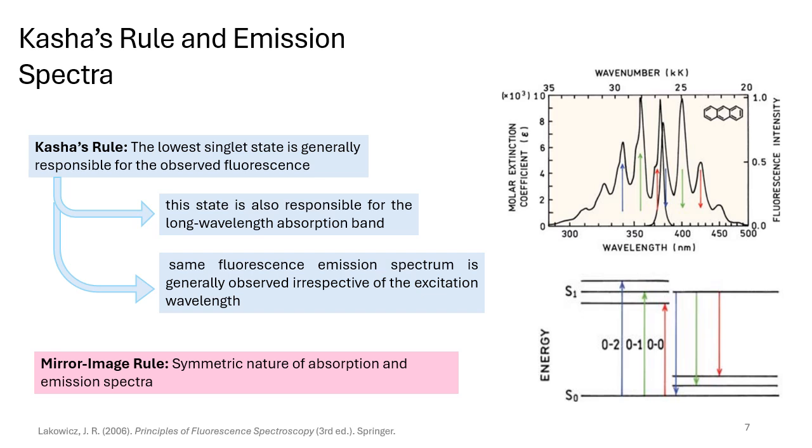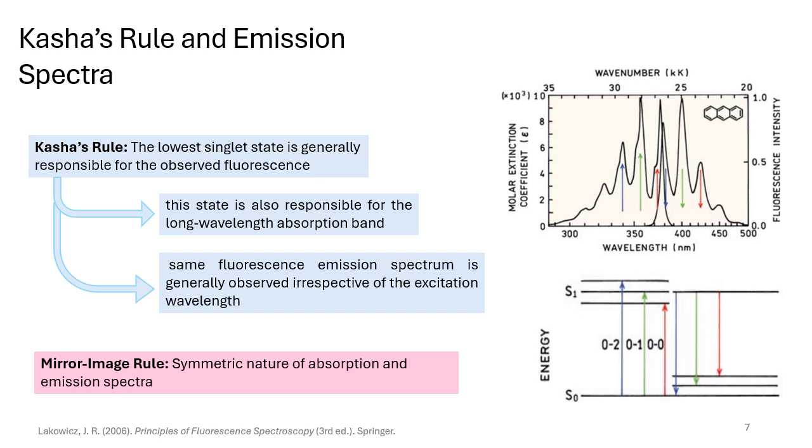In the previous slides, I have already mentioned that the emission spectrum is generally a mirror image of the absorption spectrum. Now this can be understood from Kasha's rule, which tells that the lowest singlet state is generally responsible for the observed fluorescence. Also this state is responsible for the long wavelength absorption band.